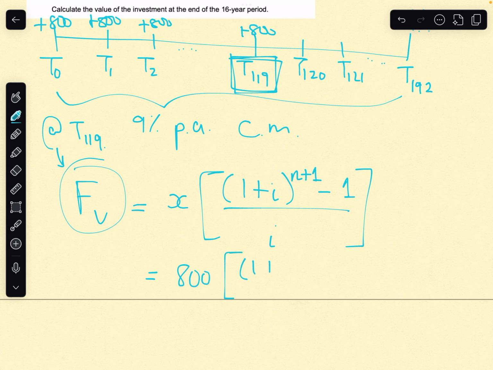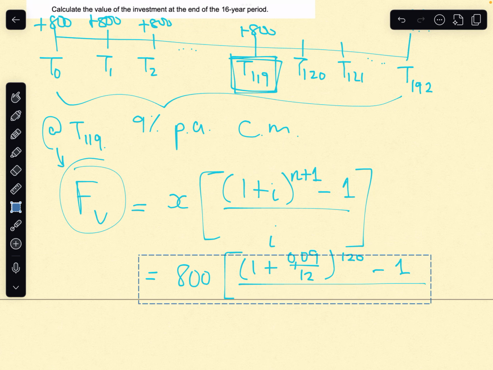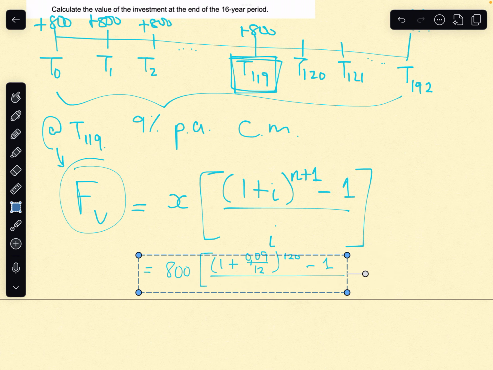So that would be 1 plus 0.09 over 12. And at this point, it's 119 plus 1 payments, so it's 120, minus 1. And then down here, we have 0.09 over 12.